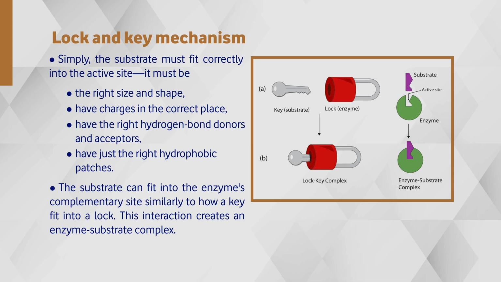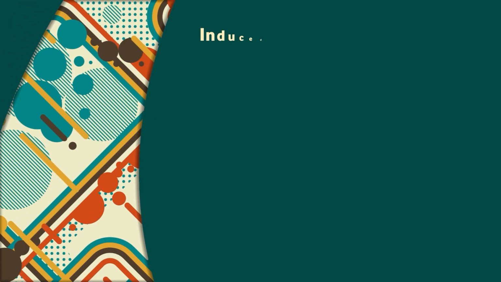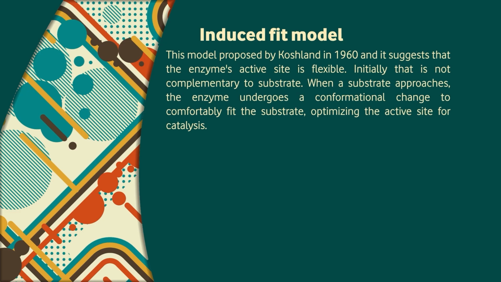So, this interaction creates an enzyme substrate complex through the lock and key mechanism, which assumes the shape of the active site is rigid and cannot change according to the substrate.